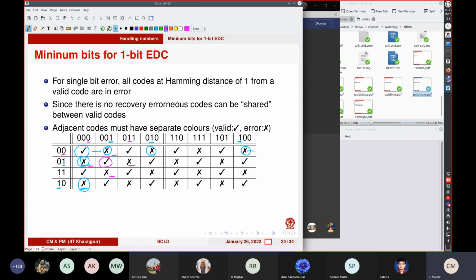This bit is changing, and this first bit, so it is 101.